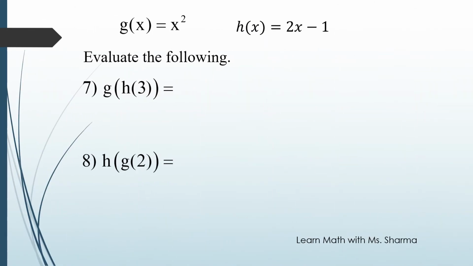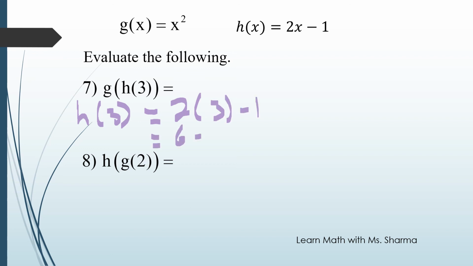Number 7 says find g of h of 3. So first we find h of 3, which is 2 times 3 minus 1, which is 6 minus 1 is 5.